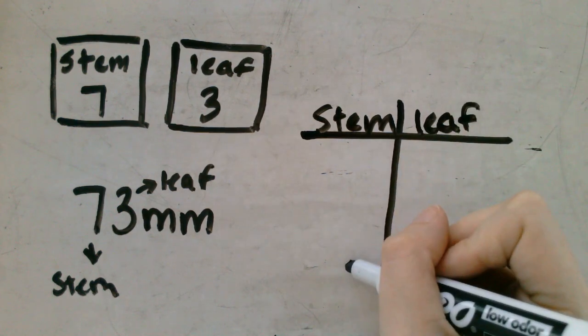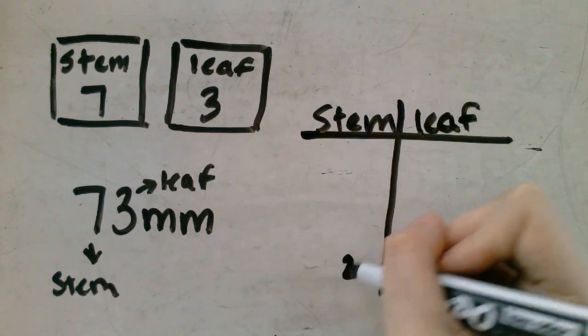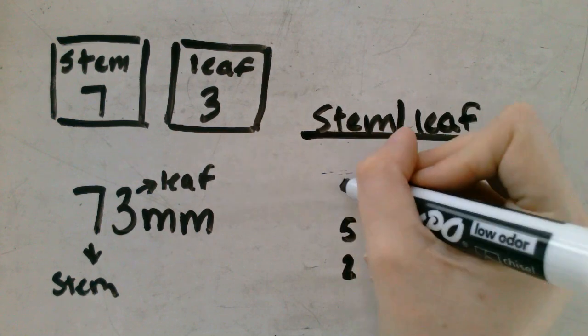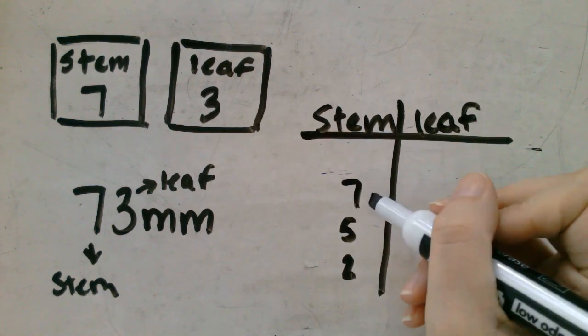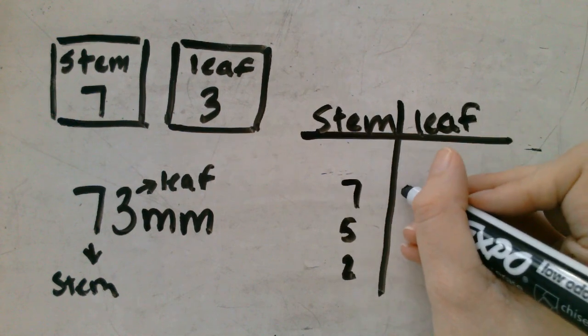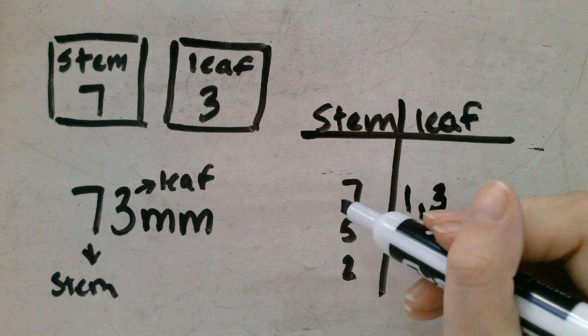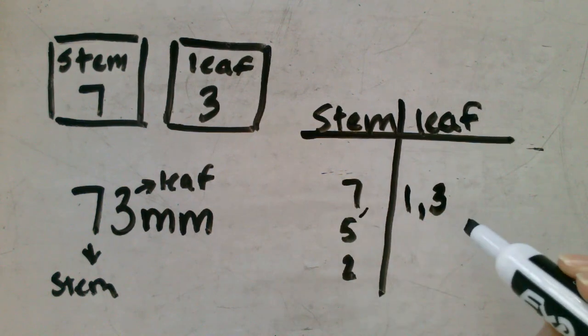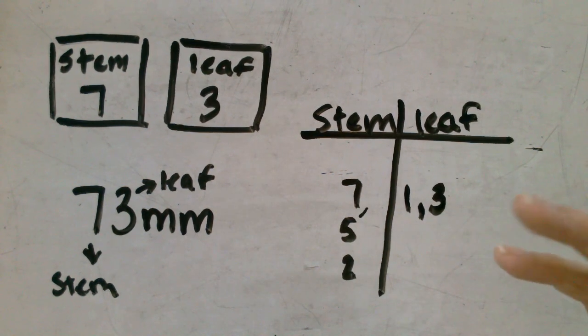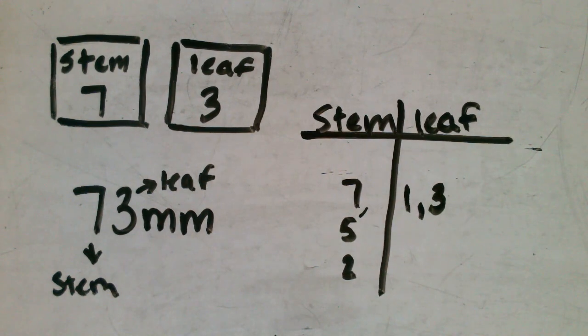You'll have all of the numbers that represent one another in one space in the room. So if everyone has a 7, like I said, if someone had a 1 and I had a 3, all the 7s will be in one place, and then our leaves will be in order from least to greatest. This is making us a live human stem and leaf plot.